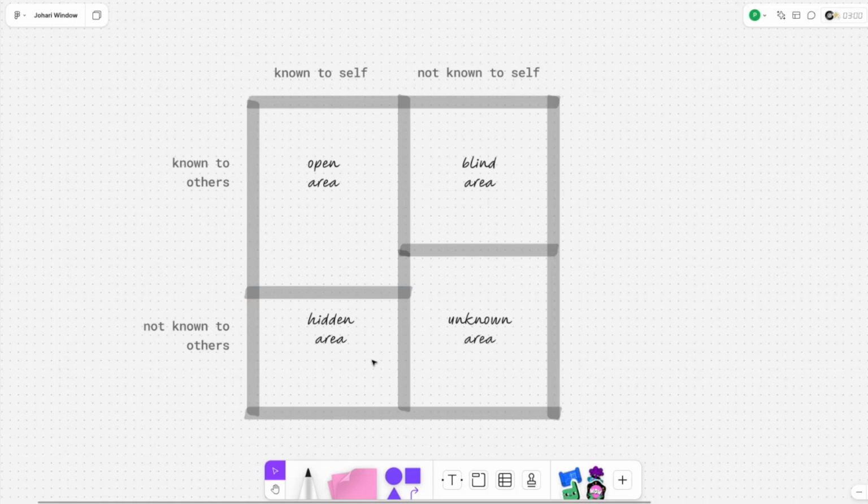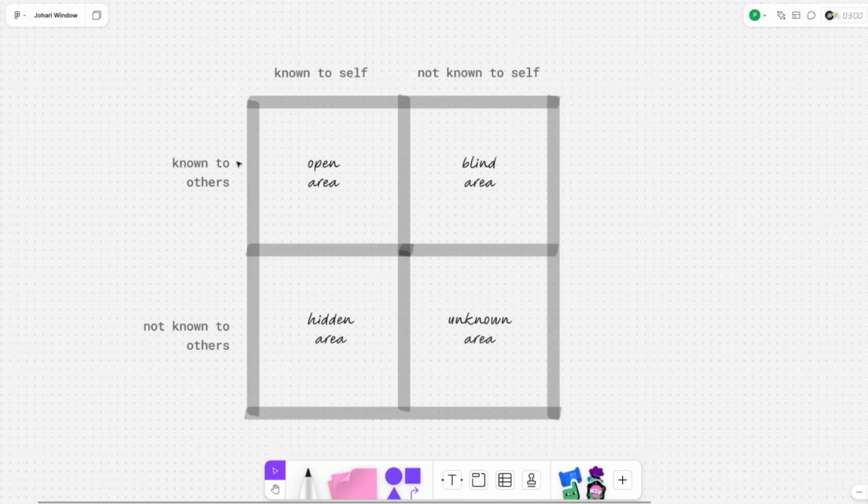So as the open area increases, now let's say this person wasn't into gaming, but someone told them about it. They didn't even know if they would like it or not. But let's say someone says over the weekend, come over, we'll play games together. So now this person experimented with a new hobby and they learned whether they liked it or not, and that fact is shared with the other one also.